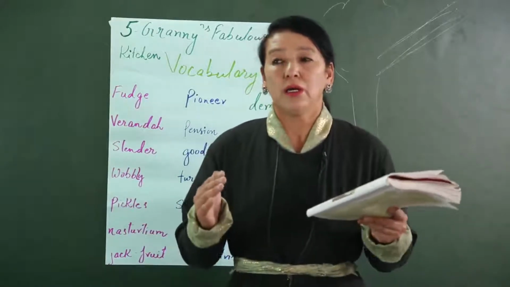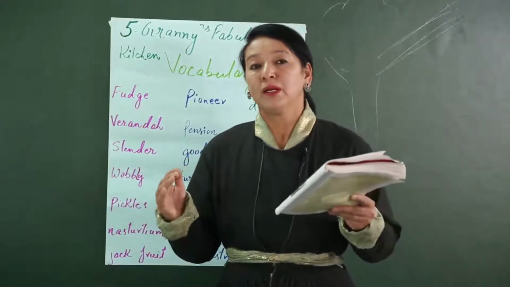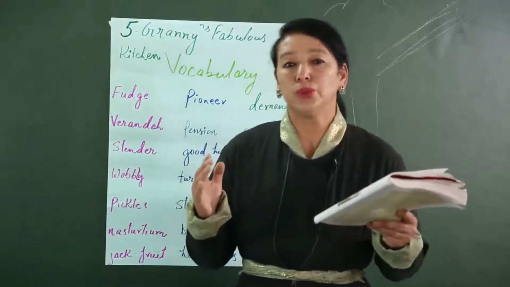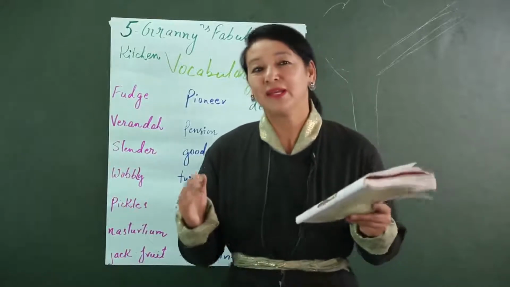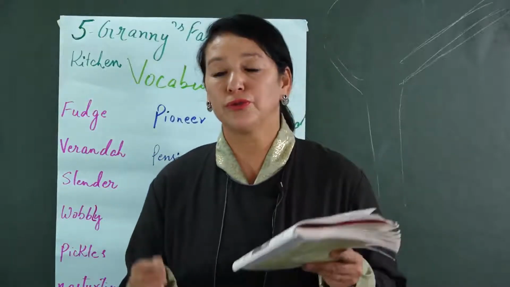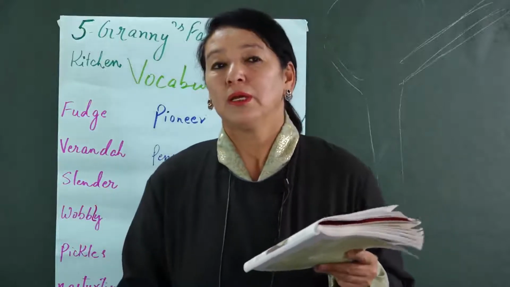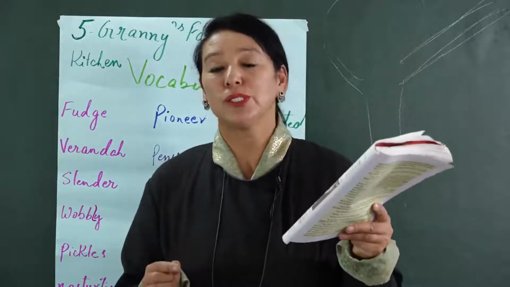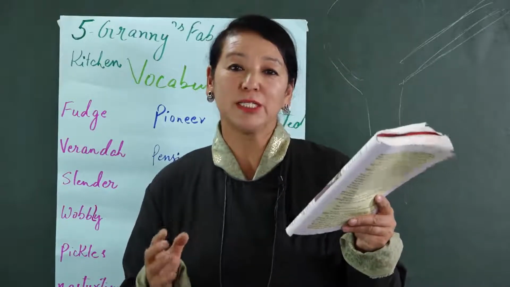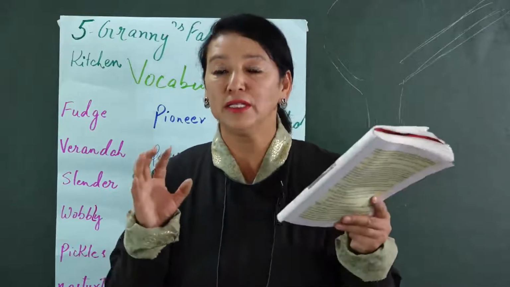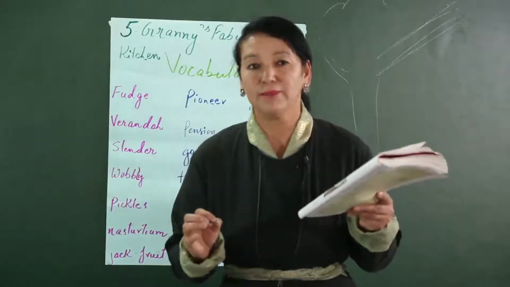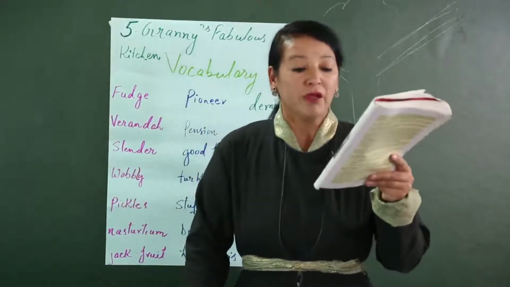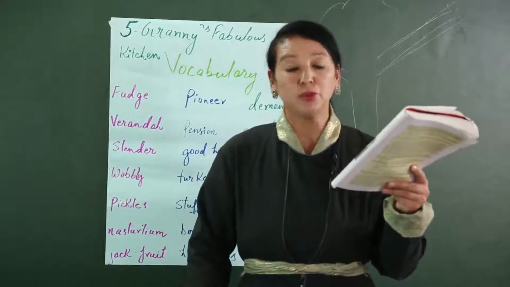So when Granny was calling them, it was impossible to find them at one time. There is a dog who is known as Crazy, and Crazy used to come below the tree and start barking, and Granny would come to know that they were on that tree.